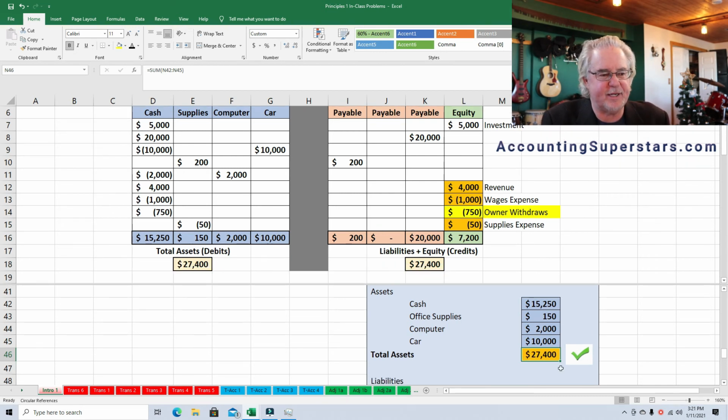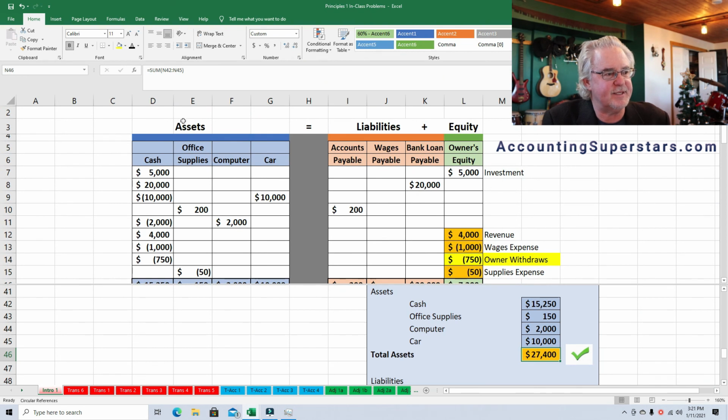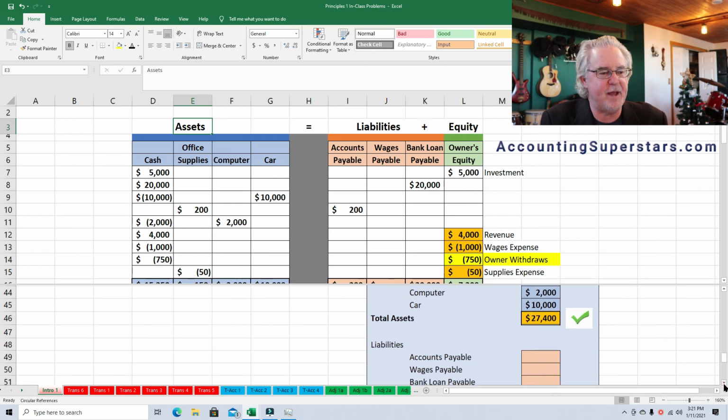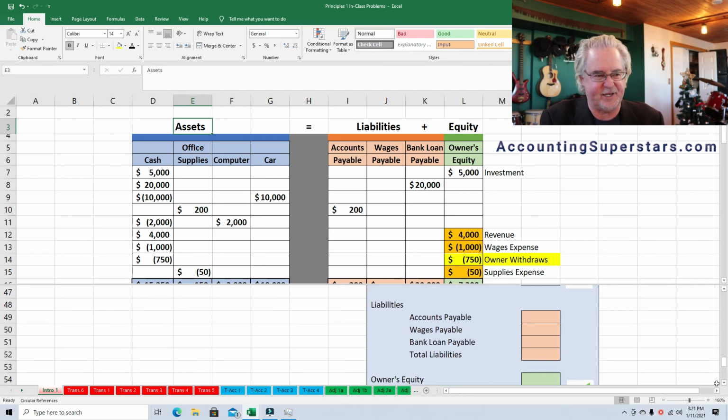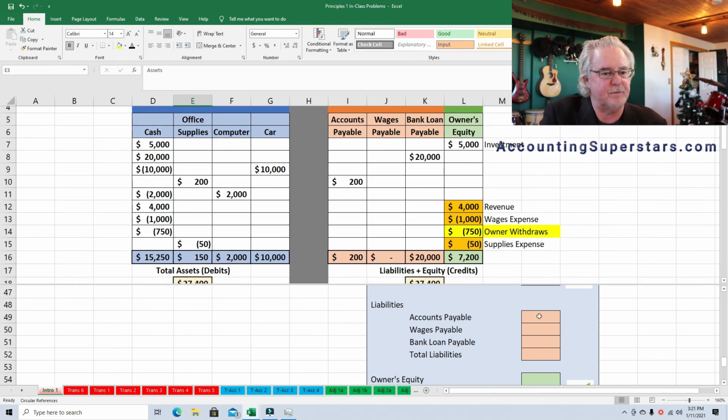And I've got a check mark next to it, meaning that this is something that is really important here. In fact, what it is, it's the left-hand side of assets equals liabilities plus equity. So guess what's going to go down on the bottom half here? Well, liabilities and equity are going to go on the bottom. So let's find the balances for accounts payable.